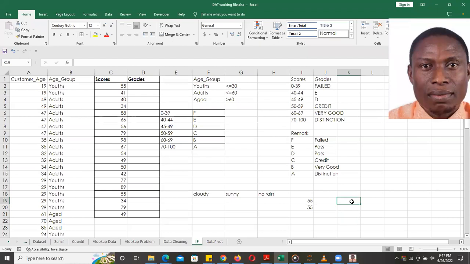Let's assume we have 55 twice, that's 110. 49 twice, that's 98. Then 79 twice, that's 158.